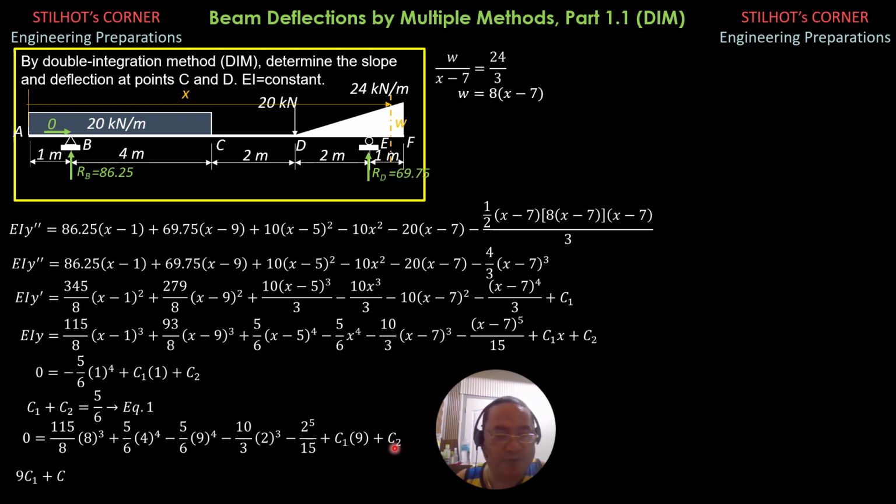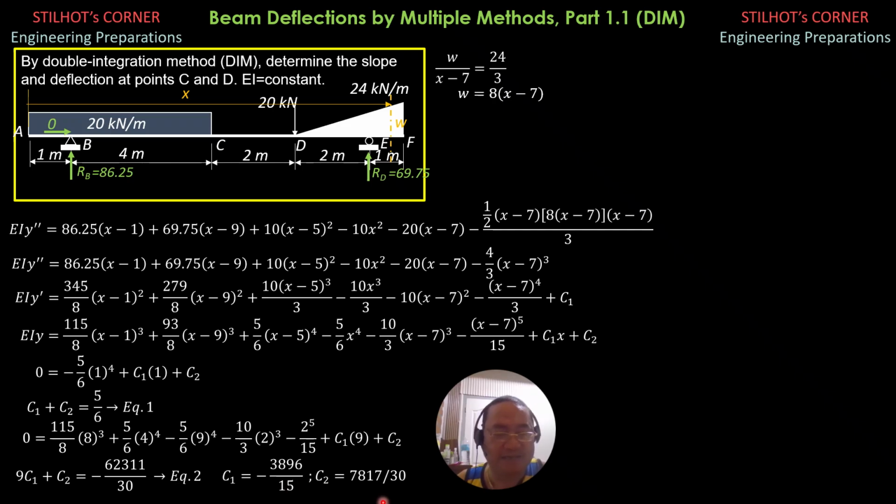Simplifying, 9 c sub 1 plus c sub 2 equals negative 62,311 over 30. Solving equations 1 and 2 simultaneously, we get c sub 1 equals negative 3896 over 15 and c sub 2 equals 7817 over 30.